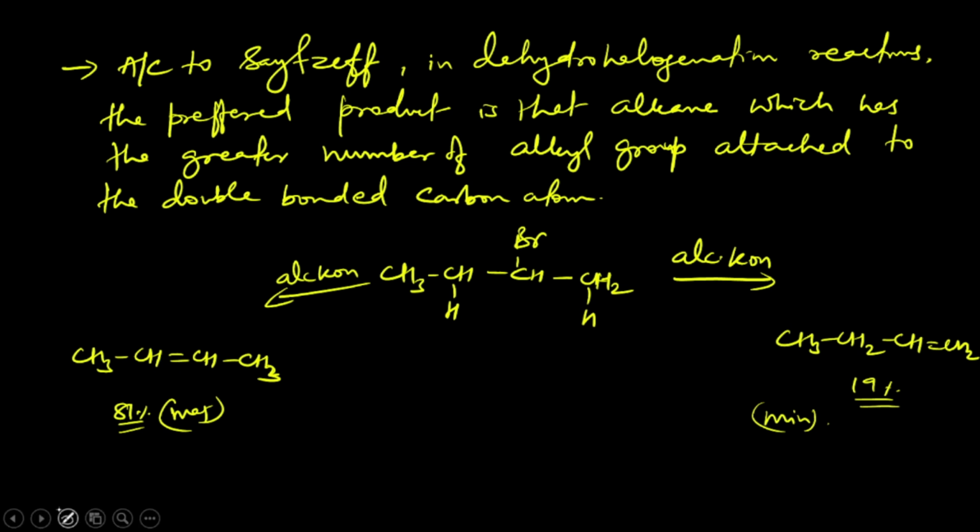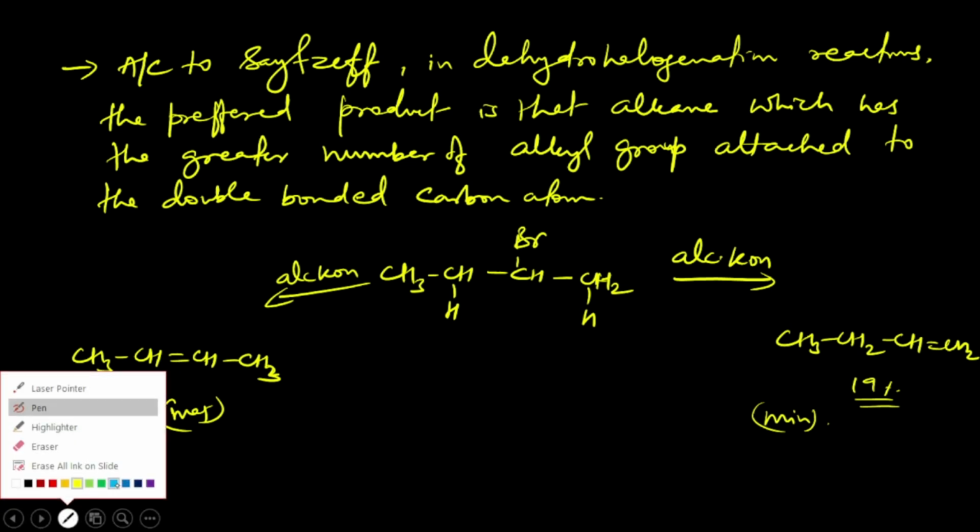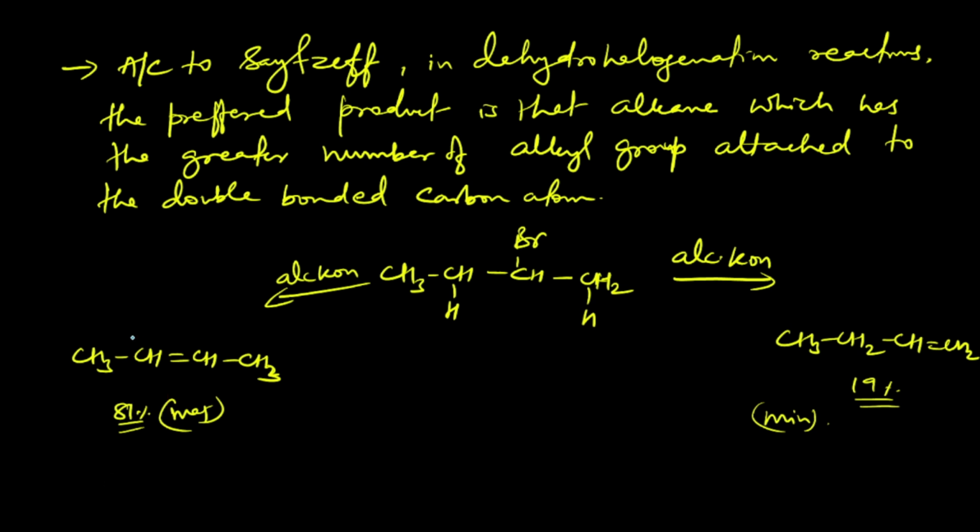See now, if this is the double bond, I'll use another color. If this is the double bond, with this carbon, one hydrogen is attached and one CH3 is attached. For this carbon, one hydrogen, one CH3. It means this double bond is having two substituents. Okay, or two methyl groups attached, or two alkyl groups.